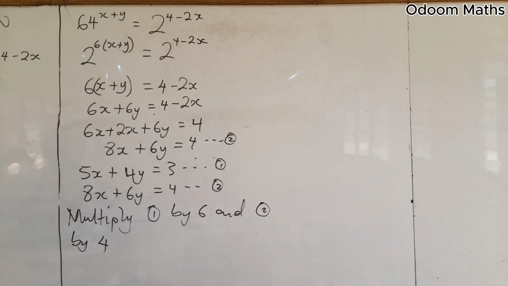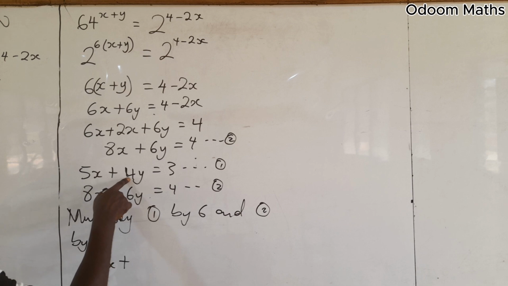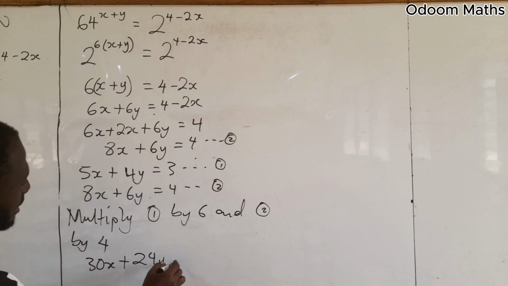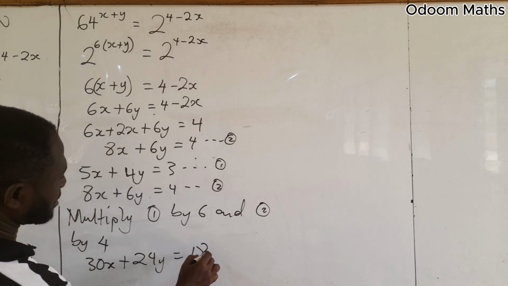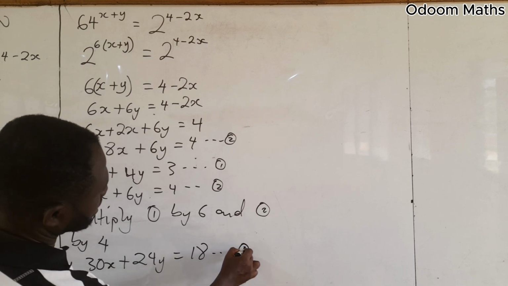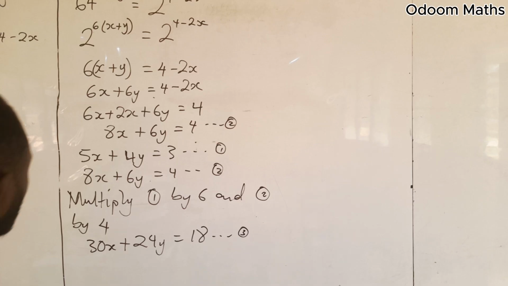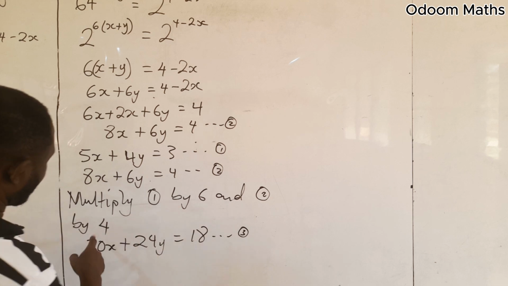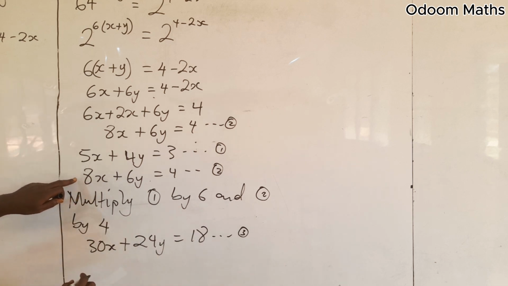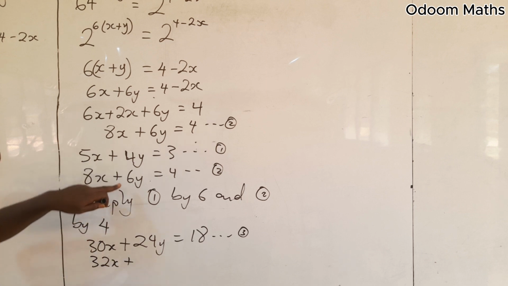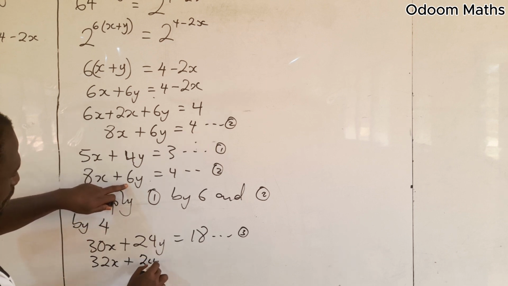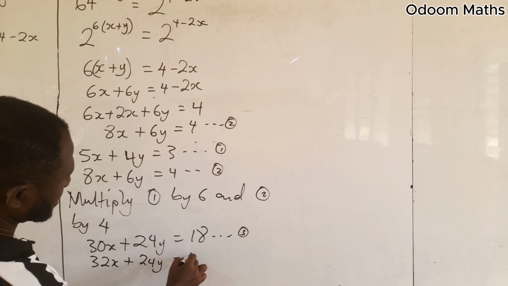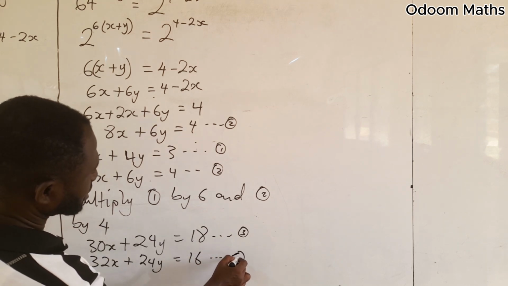I multiply equation 1 by 6, so 6 times 5 becomes 30x plus 6 times 4 is 24y equals 6 times 3 is 18. Let me name this equation 3. And then I am multiplying equation 2 by 4. So 4 times 8 is 32x plus 4 times 6 becomes 24y equals 4 times 4 is 16. And this is my equation 4.